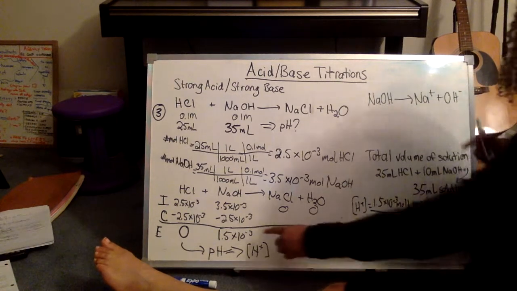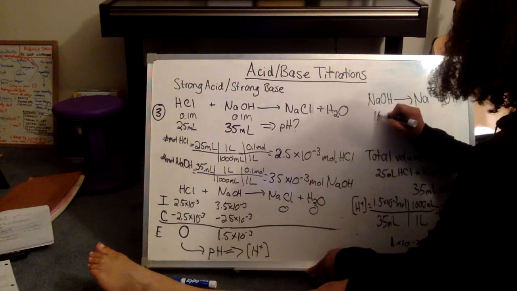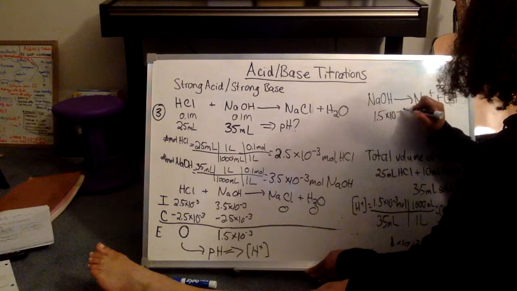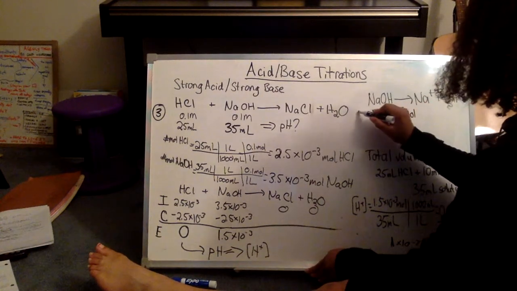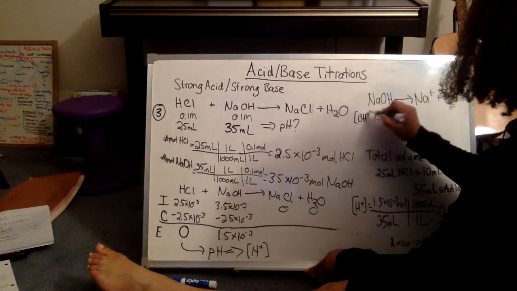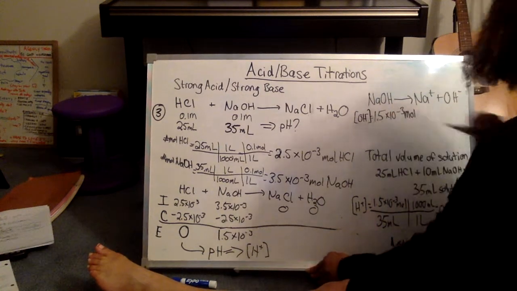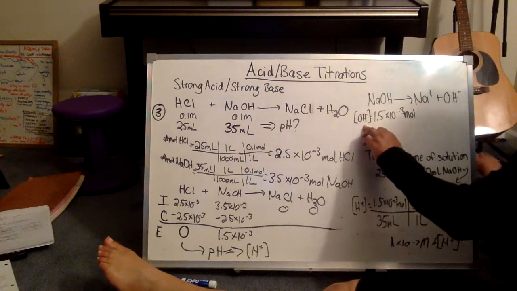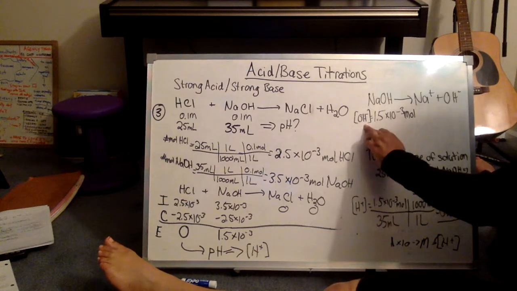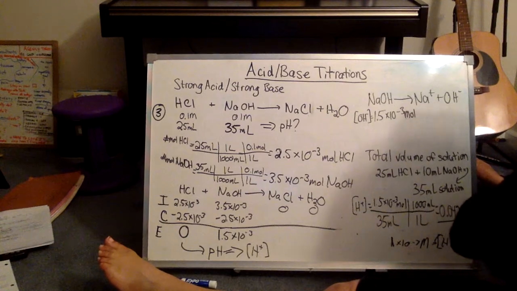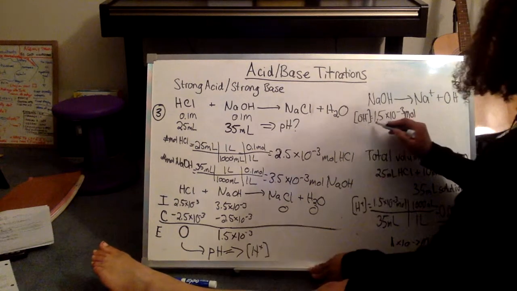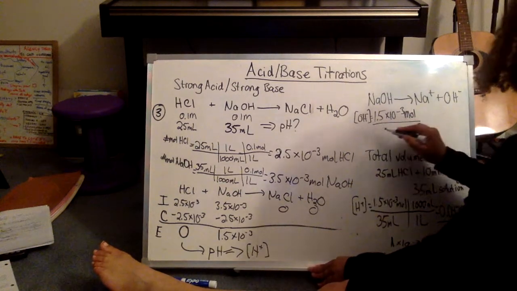So that means that we have 1.5 times 10 to the minus 3 moles of OH, the concentration of hydroxides, because that's what dissociates from this 1.5 here. In order to get concentration, we need to know volume, right?